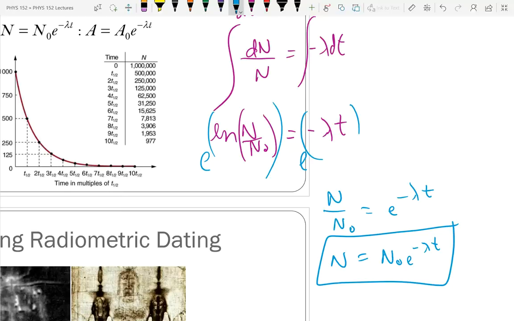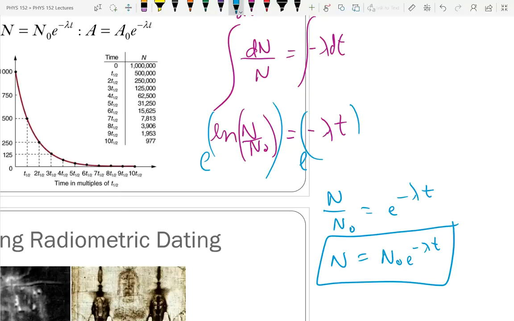Now, this is based on statistics. You have to have lots and lots of nuclei for this to be an exact number. You will have a sample with lots and lots of nuclei, but it's not going to fit this exactly because it's still statistical. It's not an exact equation. So we're going to do an experiment with lots of data points so we can see if this is correct.